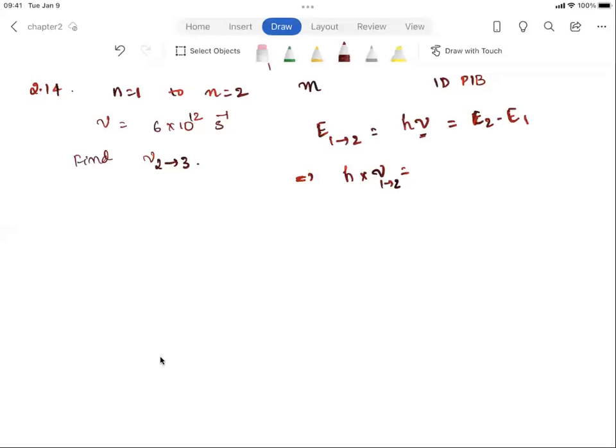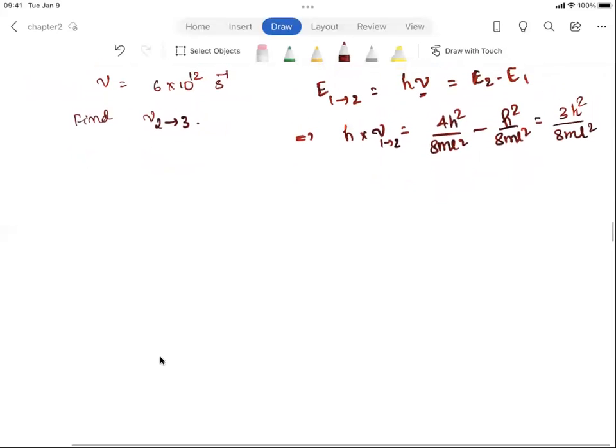It's going to be 2 squared is 4, h squared over 8 m L squared, minus 1, h squared over 8 m L squared, which is 3 h squared over 8 m L squared, right?